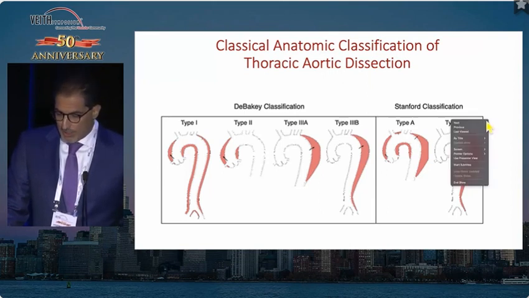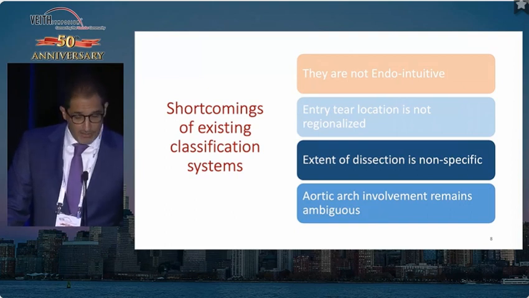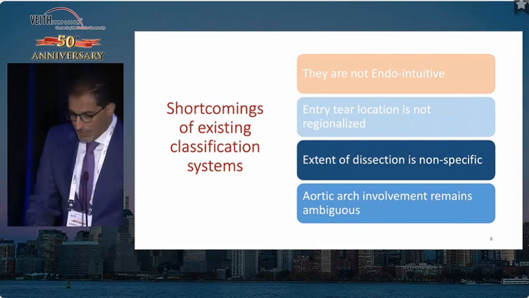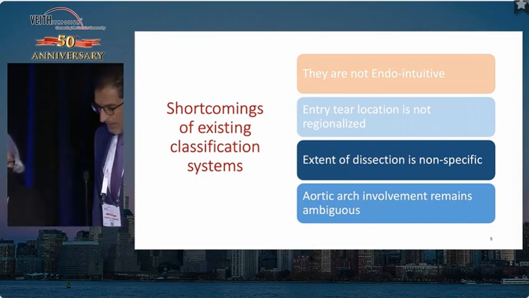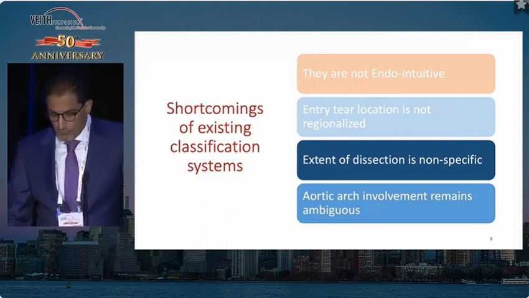However, there are some shortcomings with respect to these in that they're not endo-intuitive. They really don't localize entry tear location. The extent of the dissection is very non-specific, and also the aortic arch remains ambiguous in the context of aortic dissection.